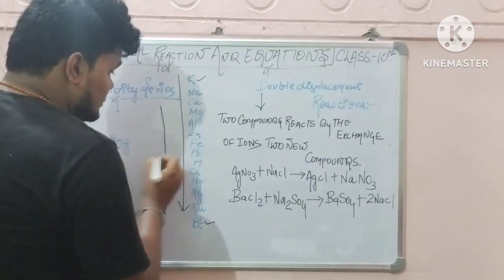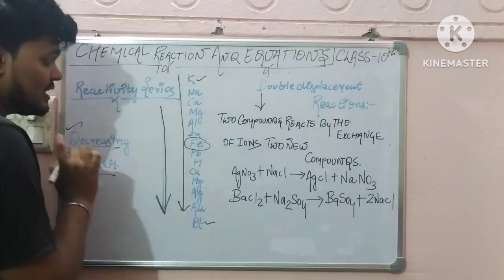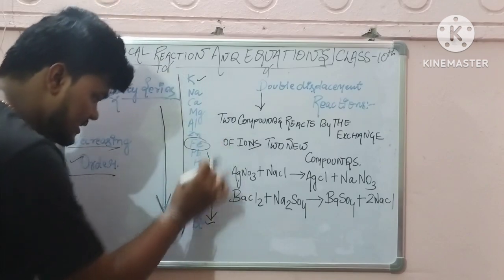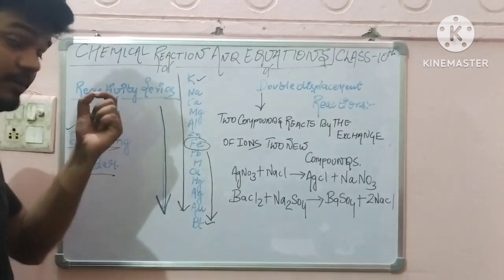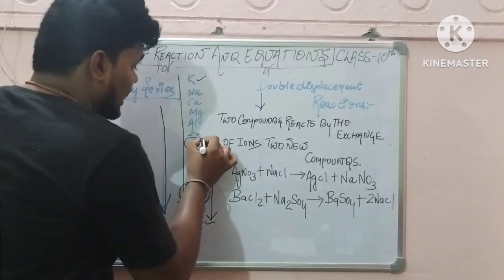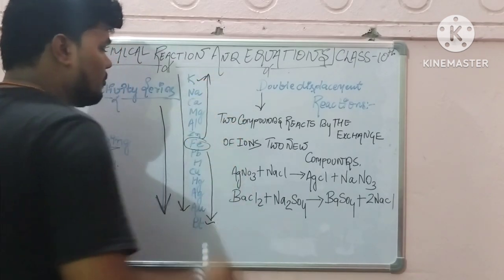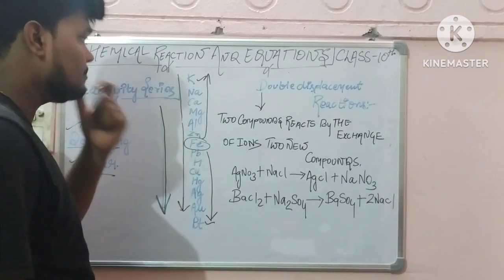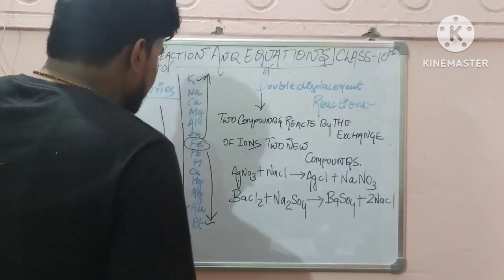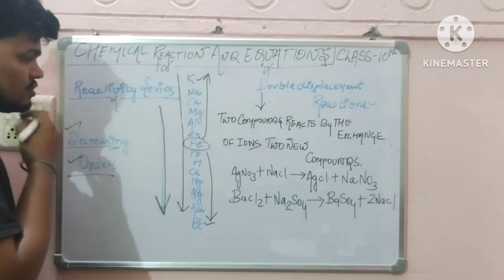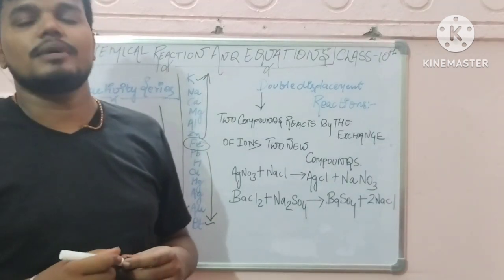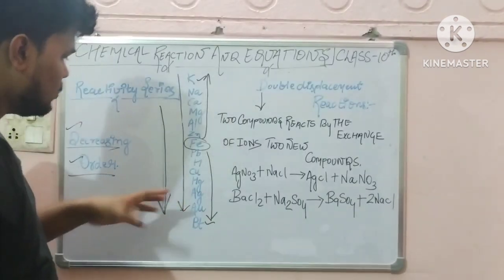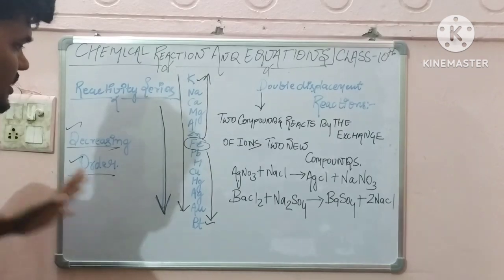Means if I say iron, it can displace all the elements which are below iron. But the elements which are above iron can replace iron because they have more reactivity in comparison to iron. You can note it down from here.